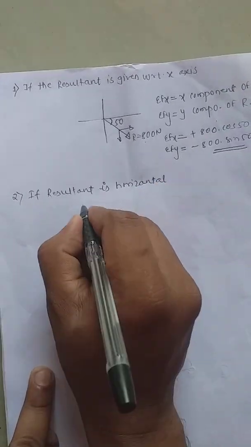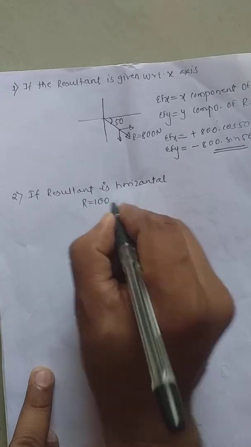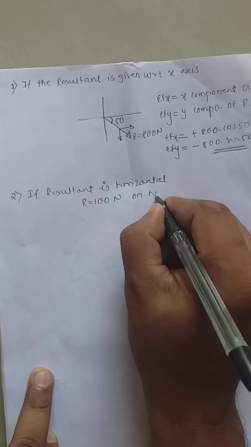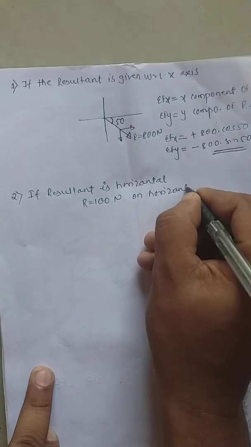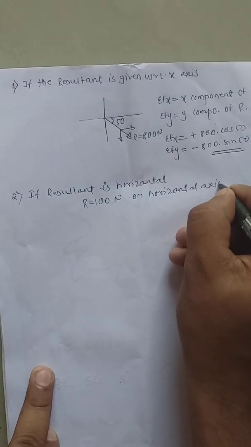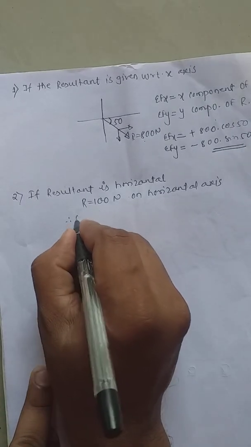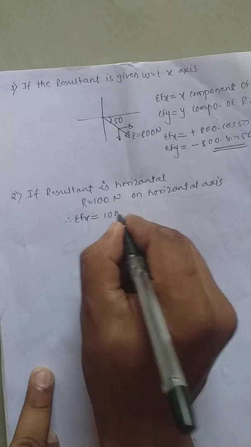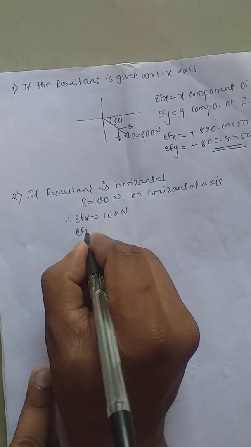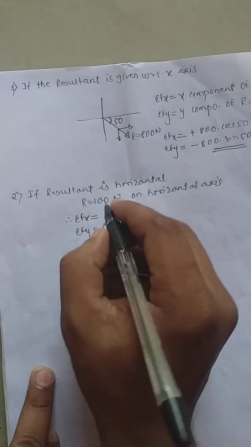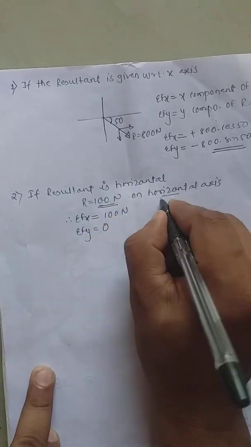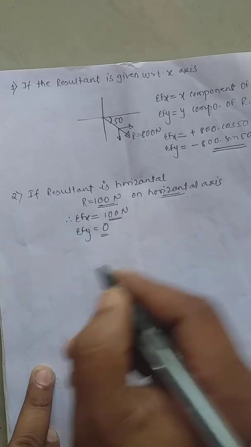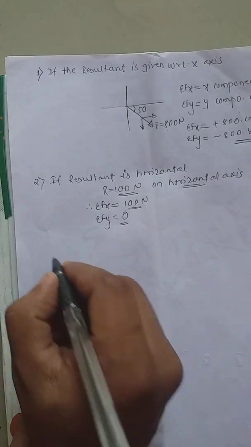Let's say resultant R is given as 100 Newton on horizontal axis. If this condition is given, we will consider summation of Fx is equal to 100 Newton, but summation of Fy will be 0, because R is 100 Newton on the horizontal axis. This is condition number 2.